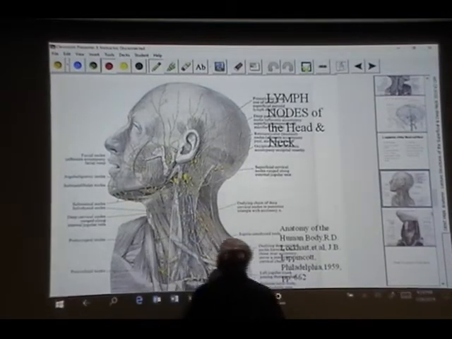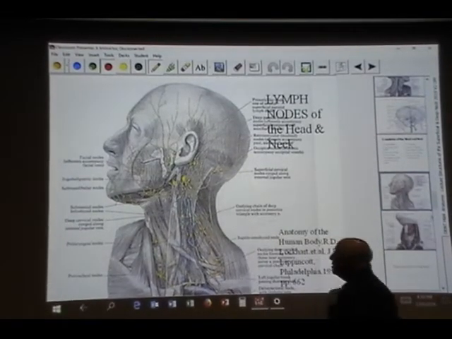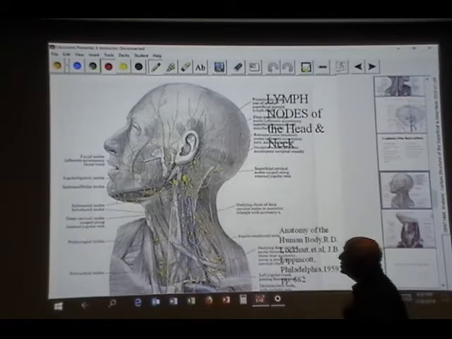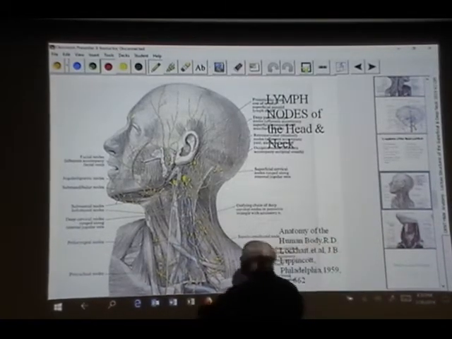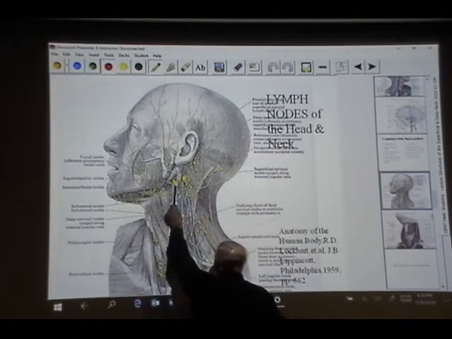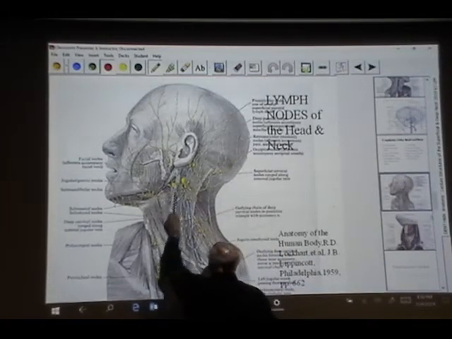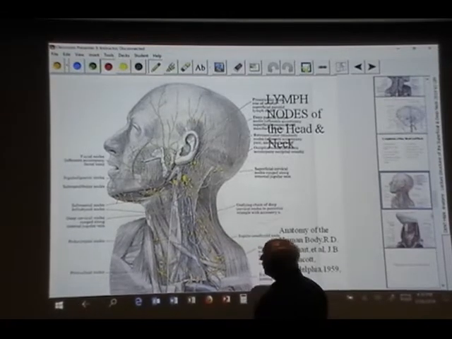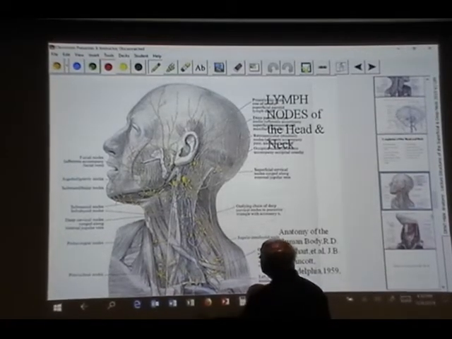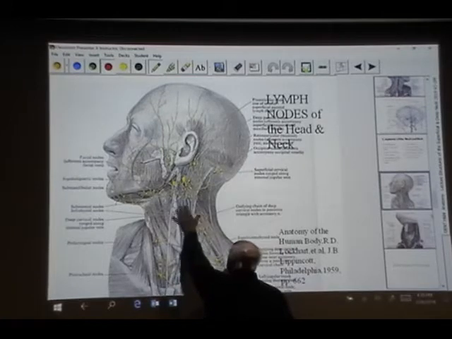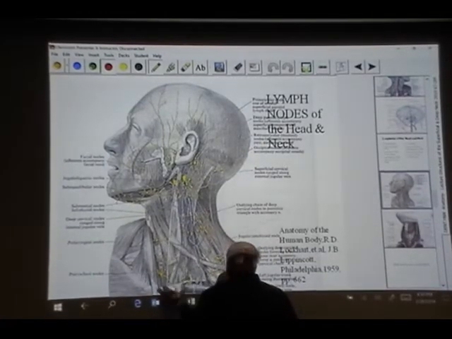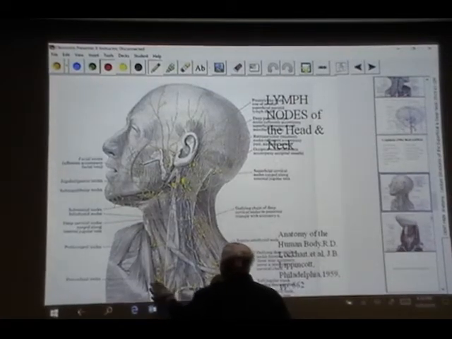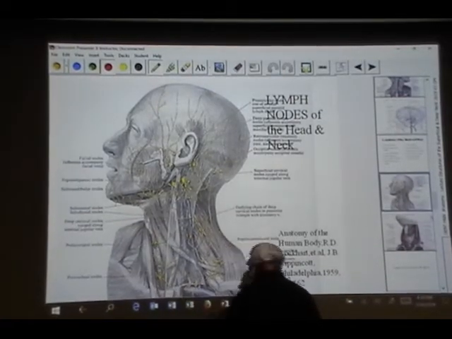There are facial. There are posterior auricular and pre-auricular nodes that are down here. Here's this large jugulodigastric node over here. Here along the sternocleidomastoid muscle are the superficial cervical lymph nodes on the borders, and deep to it are these deep cervical lymph nodes down in here, okay?